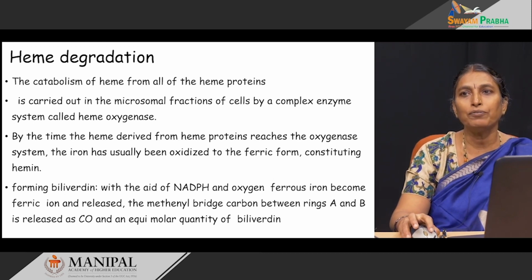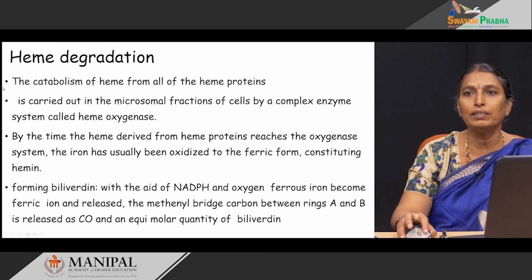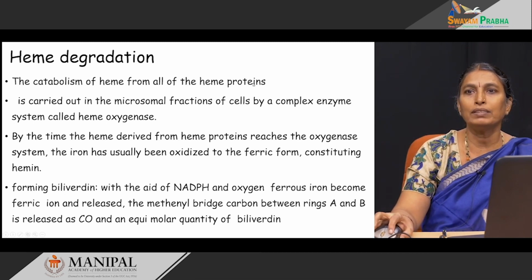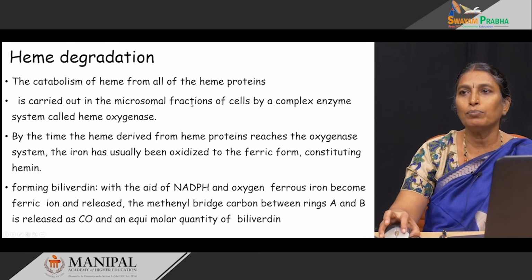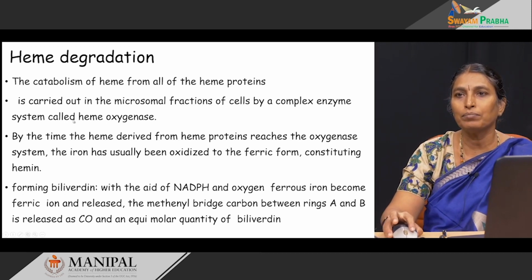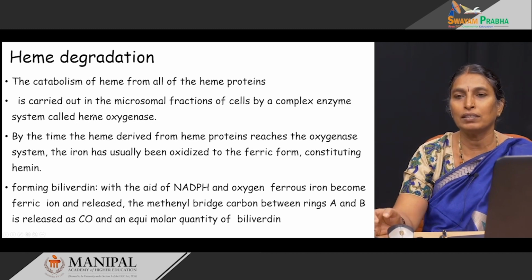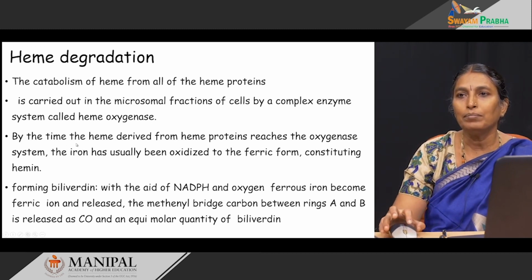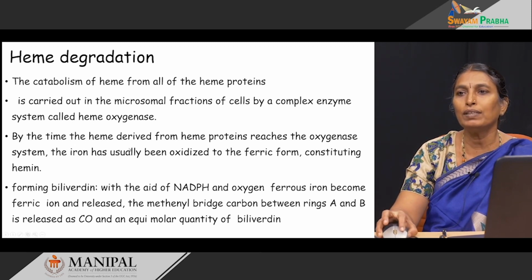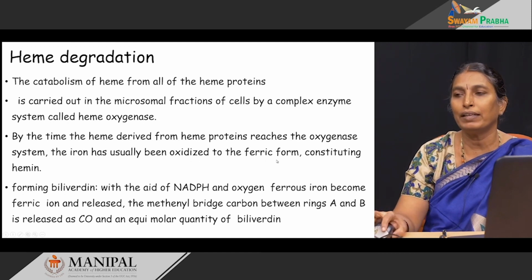The catabolism of heme from all heme proteins takes place in microsomal fractions of cells by a complex enzyme system called heme oxygenase. By the time the heme derived from the heme proteins reaches the oxygenase system, the iron has usually been oxidized to the ferric form.